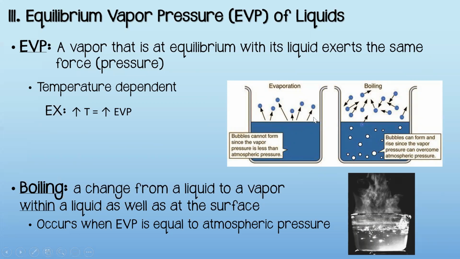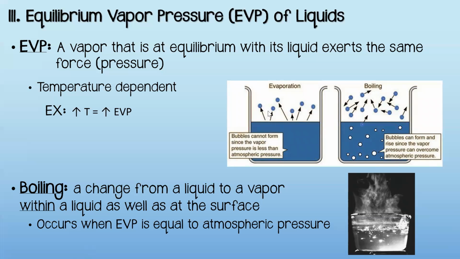So looking at this diagram here, with evaporation, bubbles cannot form in the liquid since vapor pressure is less than atmospheric pressure. But with boiling, you're increasing temperature, and vapor pressure can overcome the atmospheric pressure and escape into the gaseous phase.